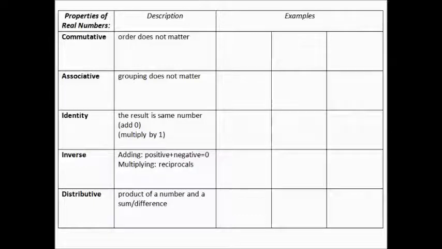So let's take a look at this one first, the commutative property. The description here says order does not matter, okay? So when we look at the commutative property, an example for addition, I'm just going to simplify that as add, is to think about 3 plus 2x squared is the same as 2x squared plus 3.